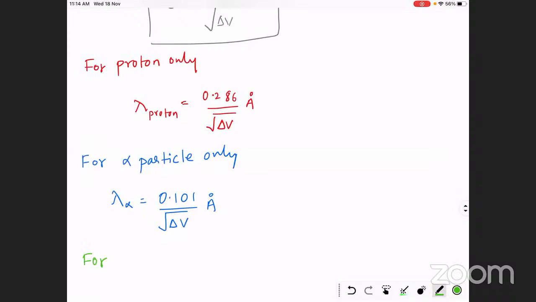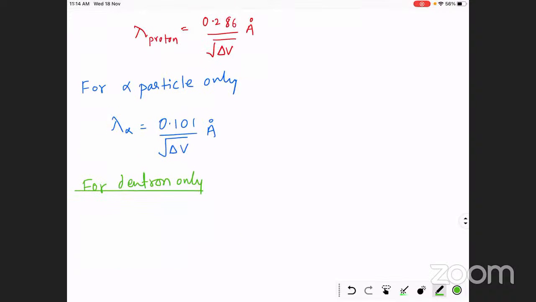And for deuteron, do you know deuteron? It has mass double than proton and charge equal to proton. Deuteron has 1 proton, 1 neutron.